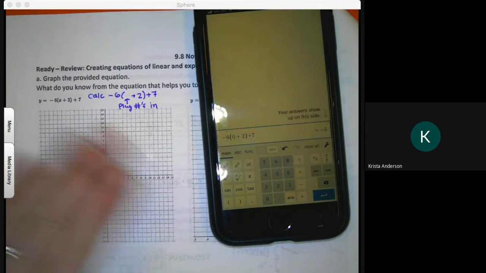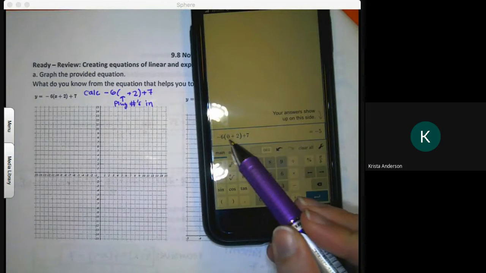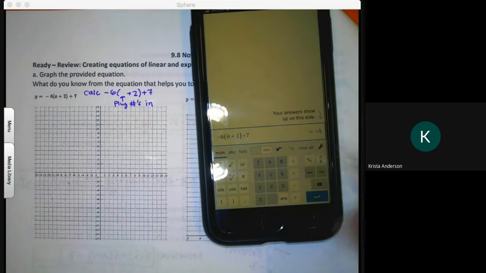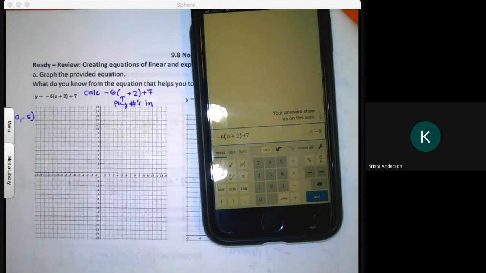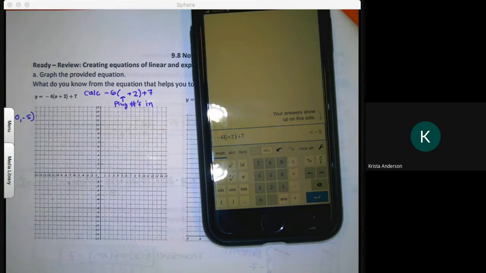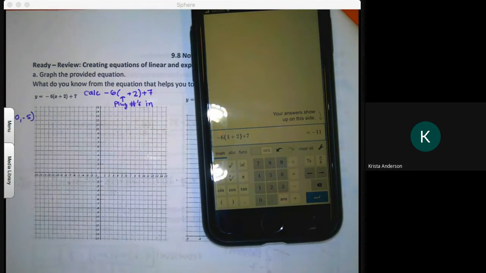Does that fit in this graph okay? Yeah, 0, -5 is a point. Somebody else pick a number to plug in. 1. Plug in a 1. 1 is at -11. That fits on here.